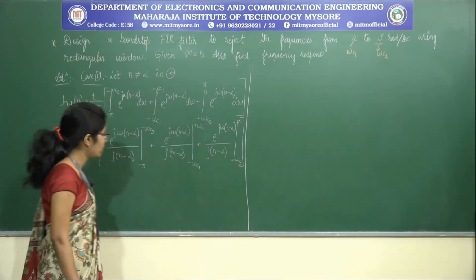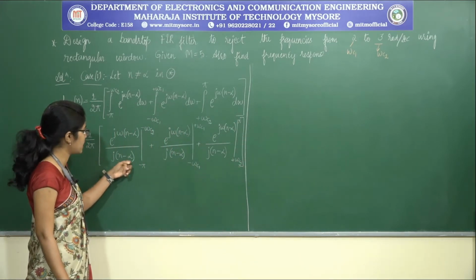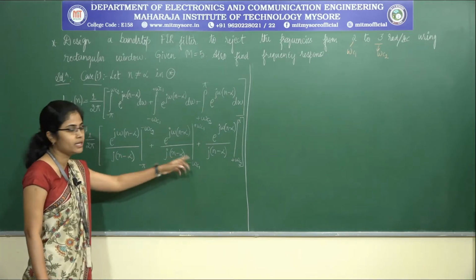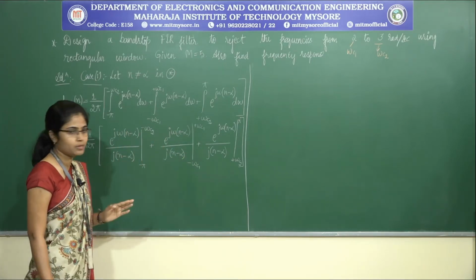So, this is done. Now, what can I do? I can take j n minus alpha as a common factor out of all the three, and then I can start substituting the limits. Yes.